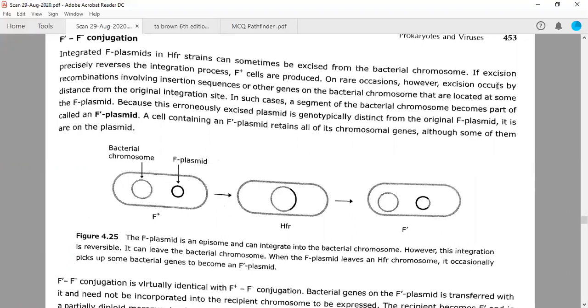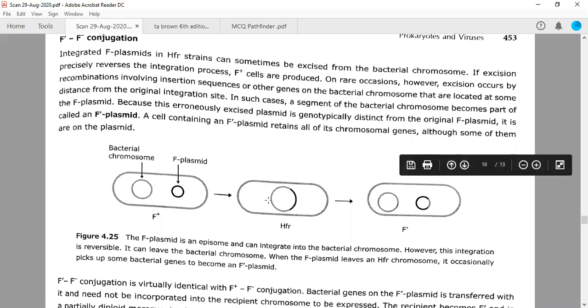However, the excision process occurs by recombinations involving insertion sequences or other genes on the bacterial chromosome that are located at some distance from the original integration site, right? So they have different genes or sequences from where they can excise themselves out of the bacterial chromosome.